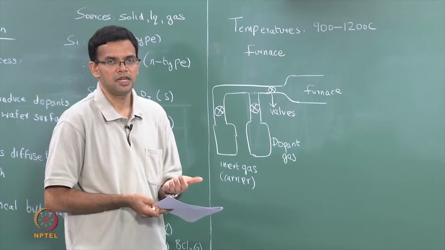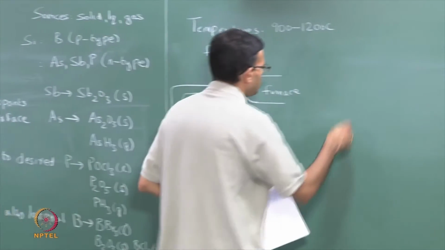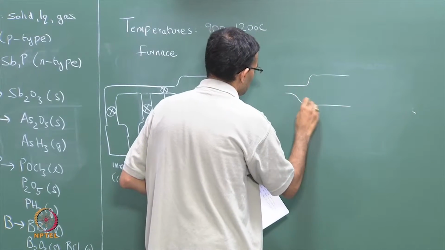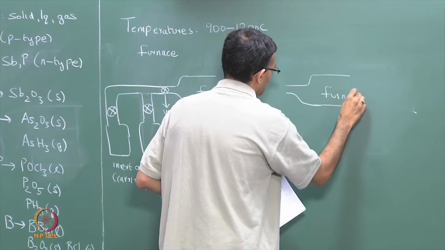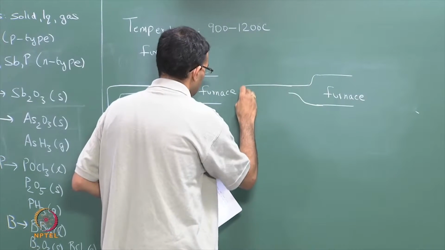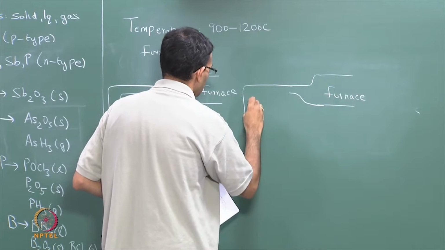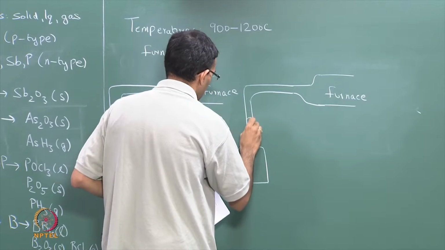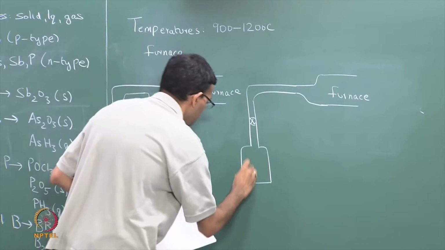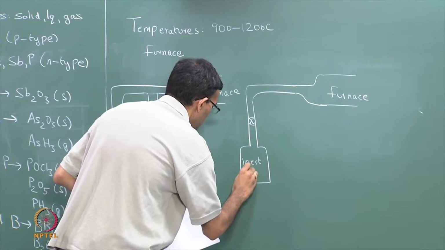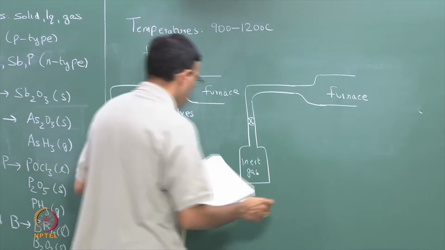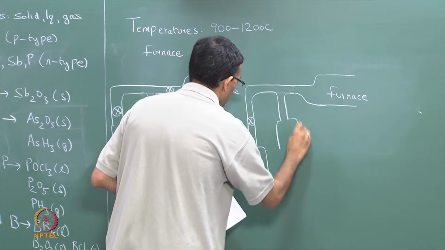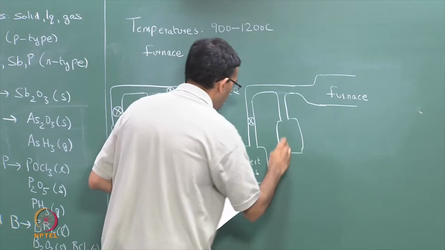You can have a similar setup in the case of a liquid based system. So, once again you have a furnace. You can have the inert gas. The dopant is in the form of a liquid.